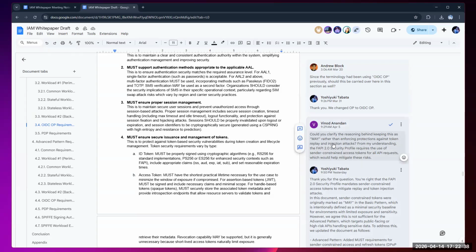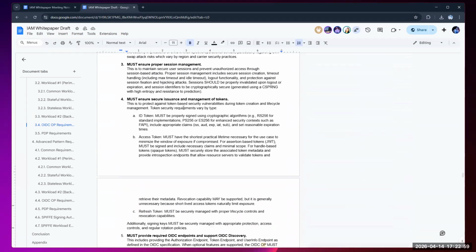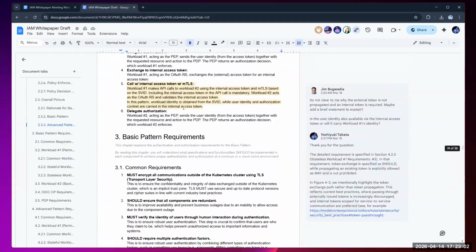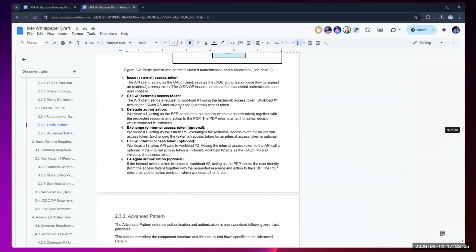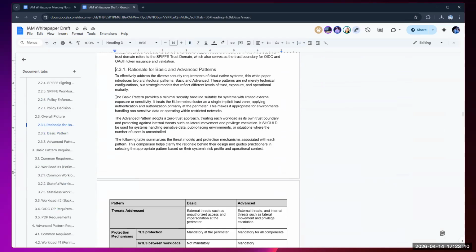Yeah, I understand this comment is very useful. In my understanding, in the basic pattern, we don't need to change this requirement from MAY to MUST, because the basic pattern, as we defined, provides a minimal security baseline suitable for systems with limited external exposure and/or sensitivity.